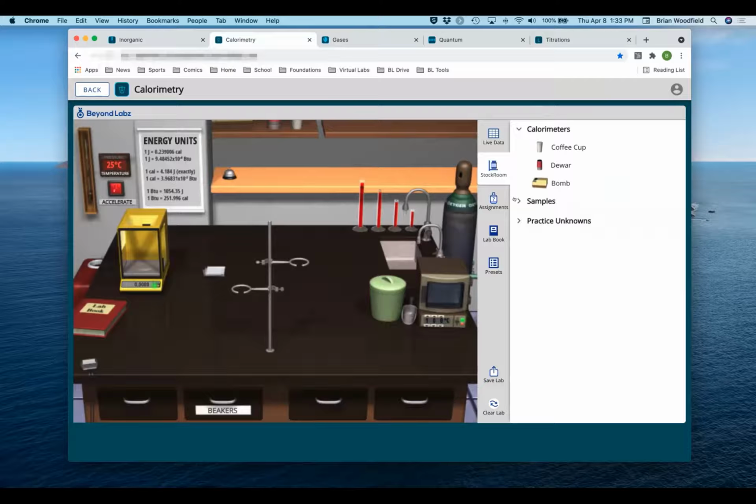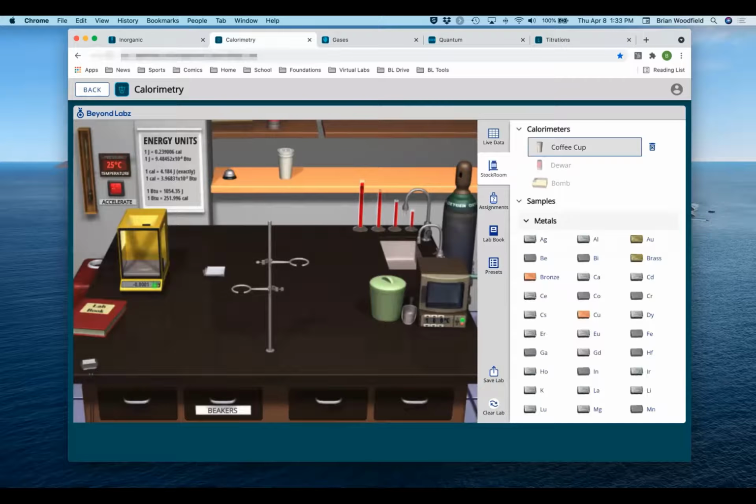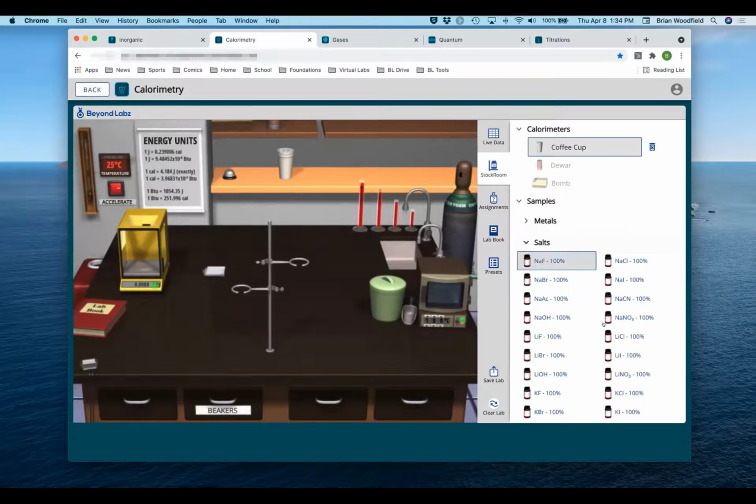so it's easier. For example, here I can pick my coffee cup, and I can come over here to samples, and here's my metals. I can pick a metal, close this. Here's my salts. So maybe I want to measure sodium hydroxide.